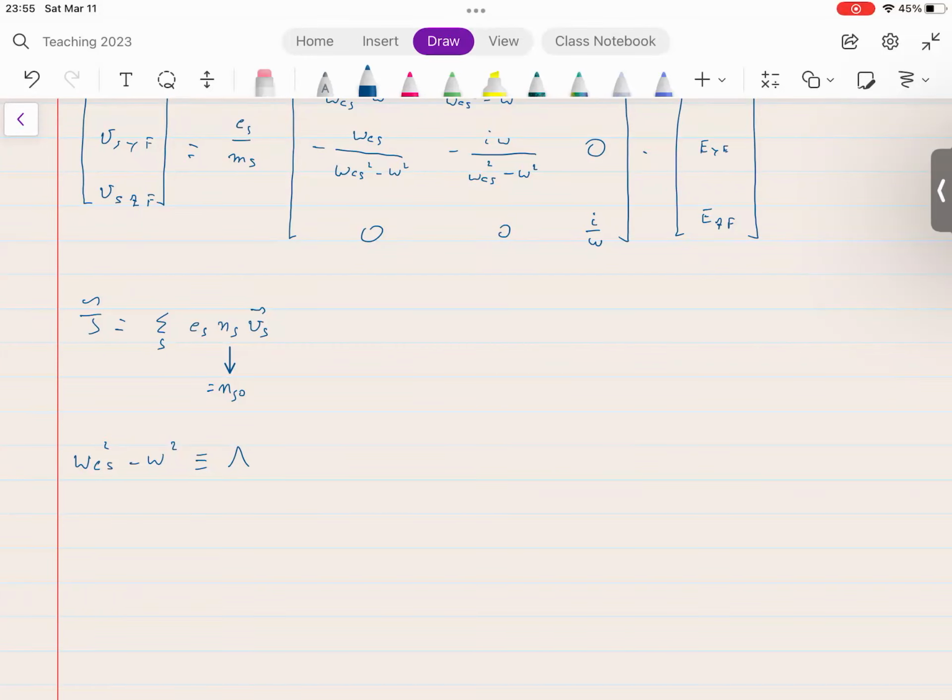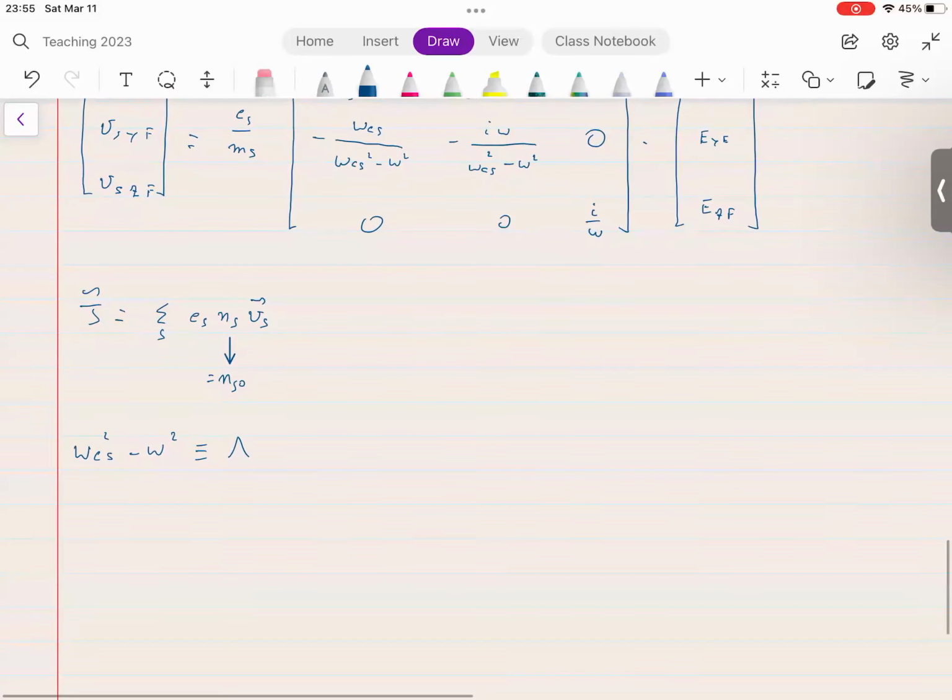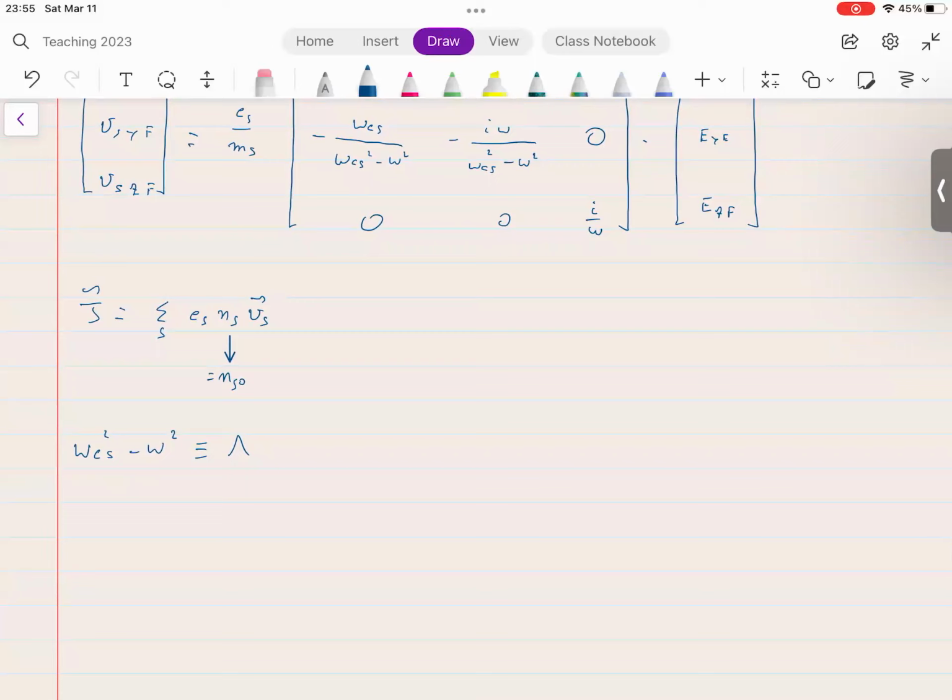And if I do that, I can write the plasma current with relatively little pain. Remember, these are still and always Fourier transforms, or Fourier transform quantities.